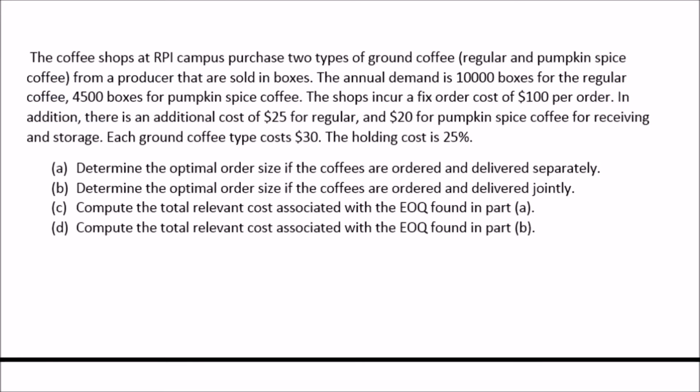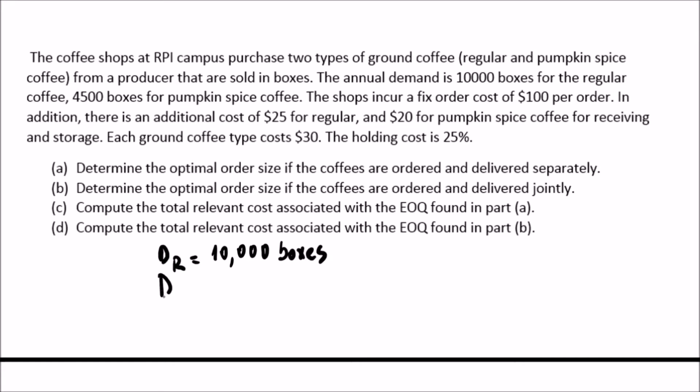Going back to our problem statement, annual demand is going to be composed of two types. One is D sub R, which is the demand for regular coffee, and we know from the problem statement that it is 10,000 boxes.